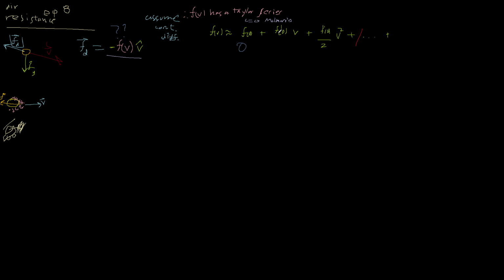Now F prime of 0, I'm going to call b, and F double prime of 0 over 2, I'm going to call c. So we can write F of v is equal to bv plus cv squared.